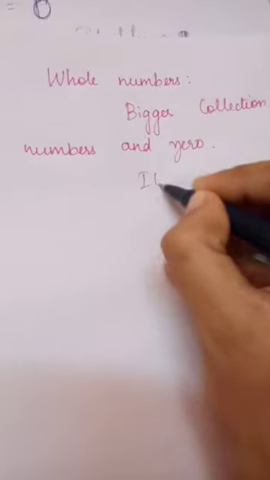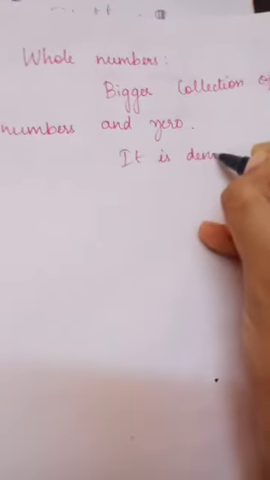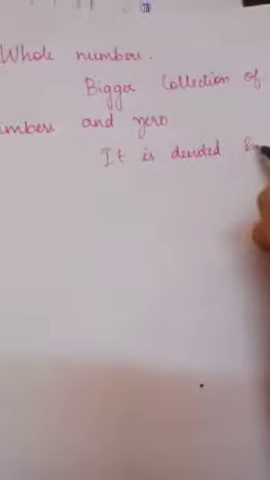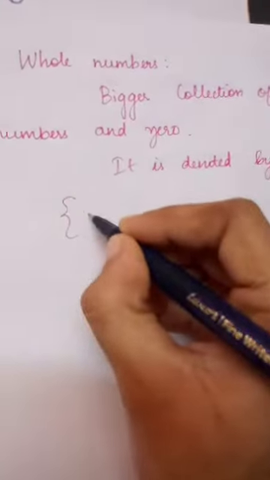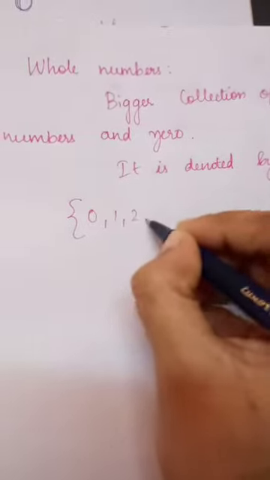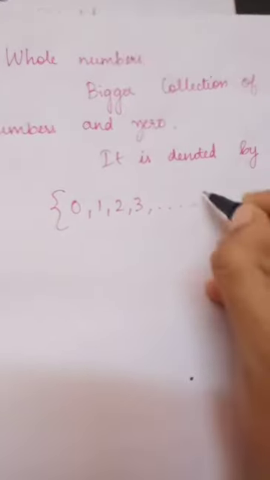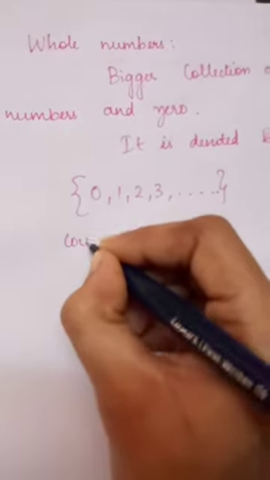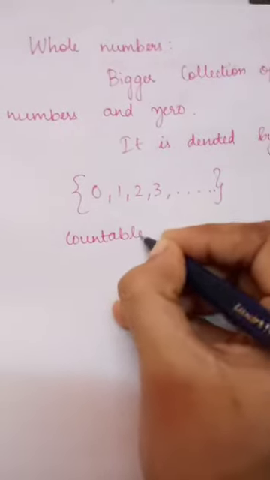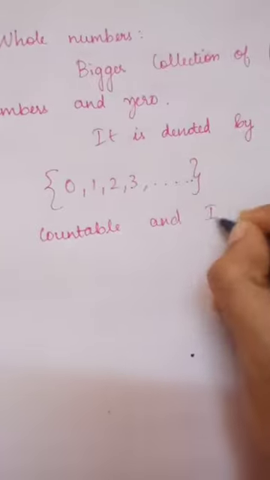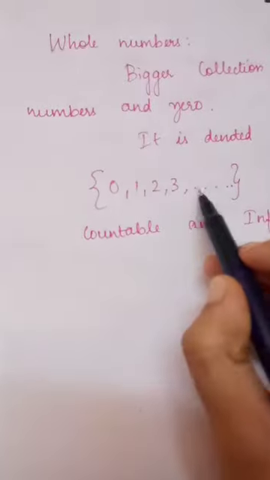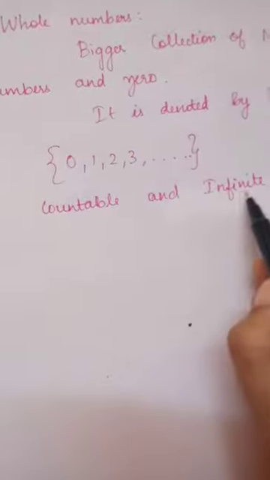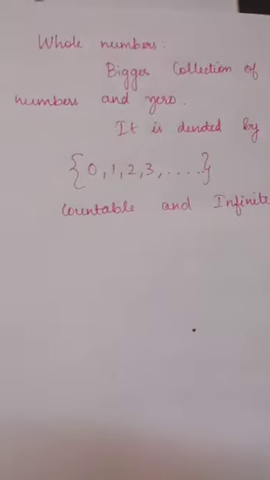It is denoted by the symbol capital W. This will start from 0, 1, 2, 3 and it goes on. Therefore, it is countable and infinite because the whole numbers start from 0 and have no end. This is the basic definition of whole numbers.